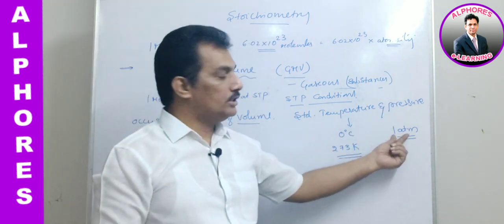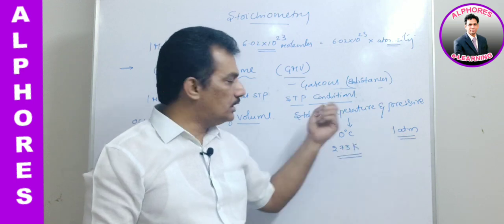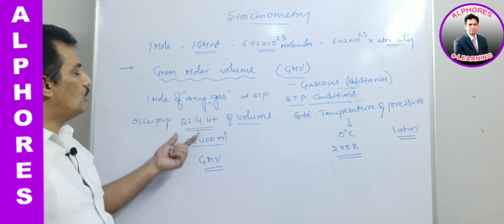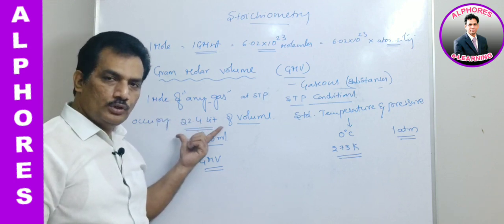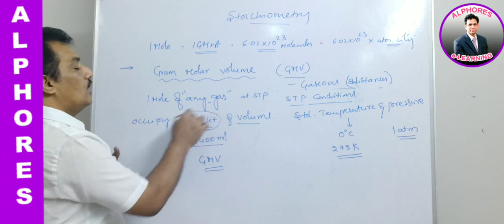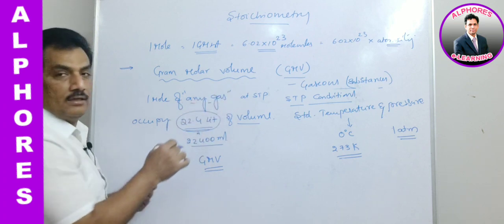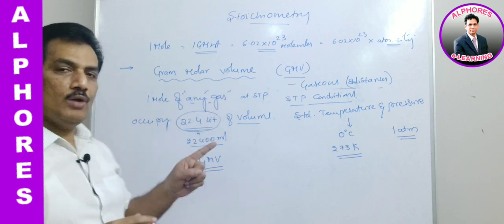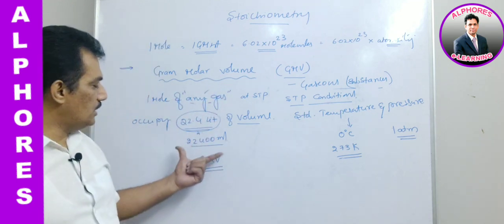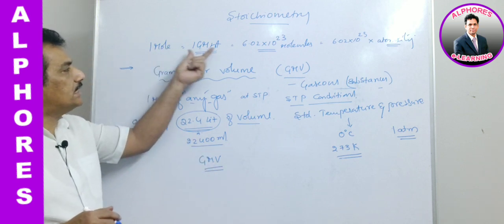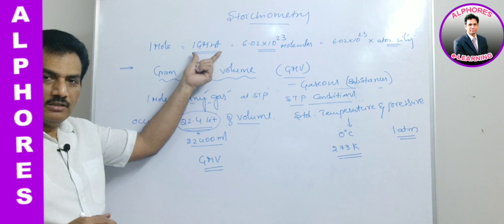In these two conditions, 1 mole of any gas occupies this volume, 22.4 liters. It is fixed. We are not mentioning the gas; we just say any gas, 1 mole at STP, occupies this volume. As we know, 1 mole weight is nothing but the gram molecular weight. Is it not?